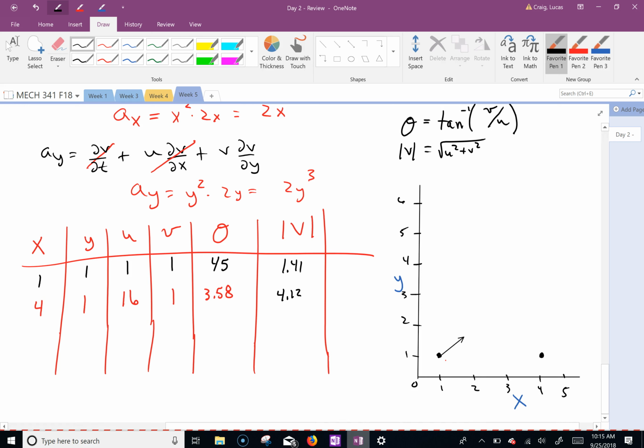Did I get the right answer? 16 squared plus 1 squared is 16.03.